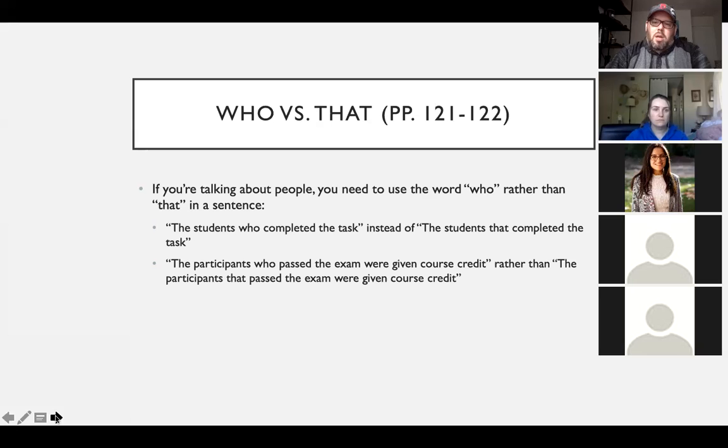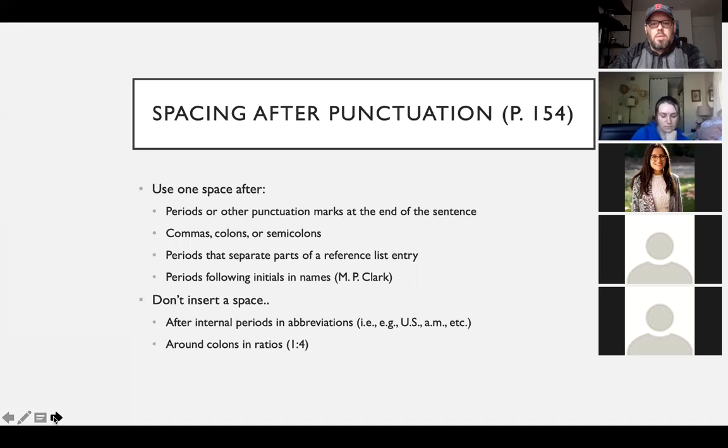So for example, the students who completed the task would be APA appropriate versus the students that completed the task. Grammatically, according to English, that is appropriate, but APA is saying, no, we actually believe that who is more appropriate in this case. Again, the participants who passed the exam were given course credit is appropriate in APA, instead of the participants that passed the exam were given course credit.